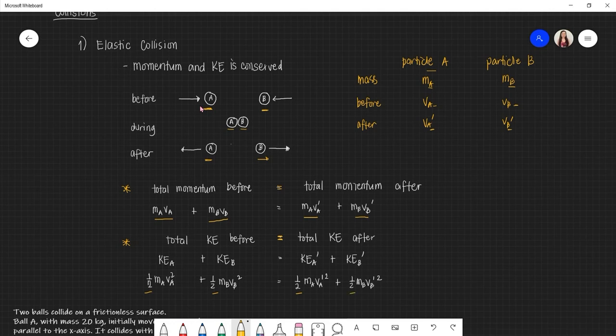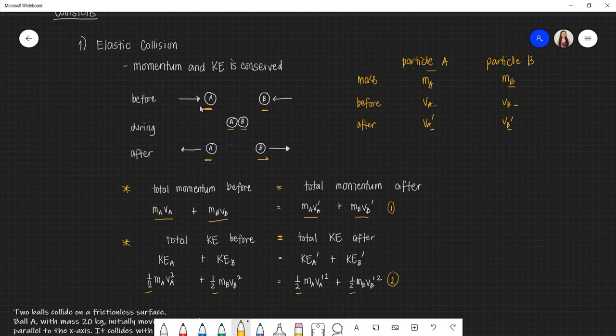And then we were able to derive an equation showing the relationship of the velocities of the two particles before and after the collision using these two equations. And also we solved an example of a head-on elastic collision along a straight line.